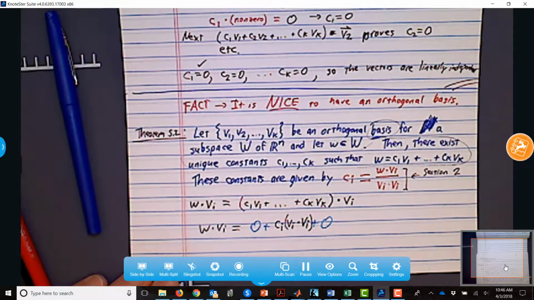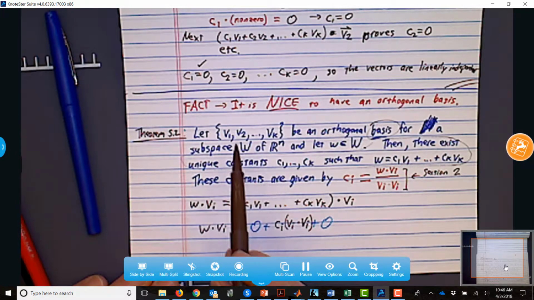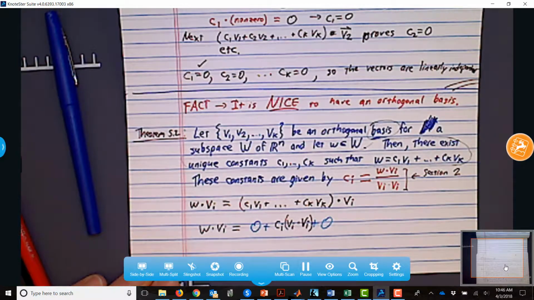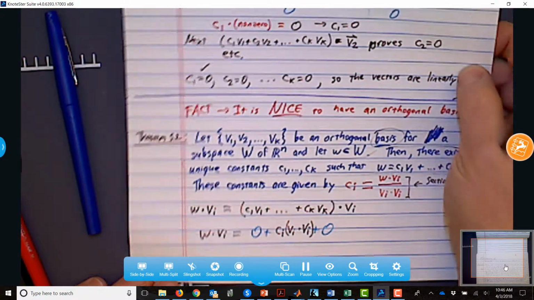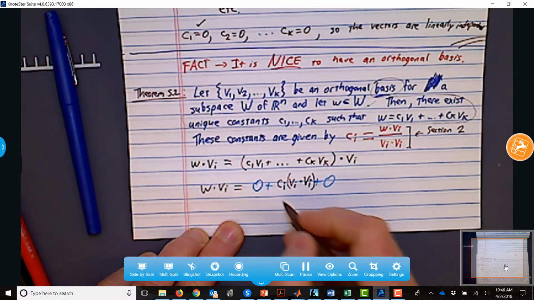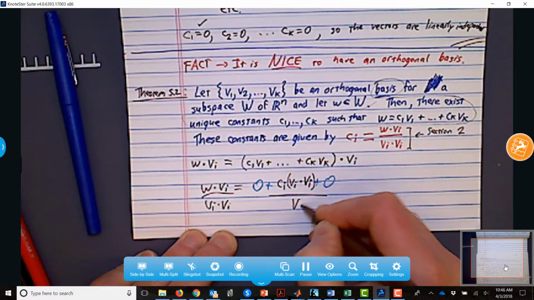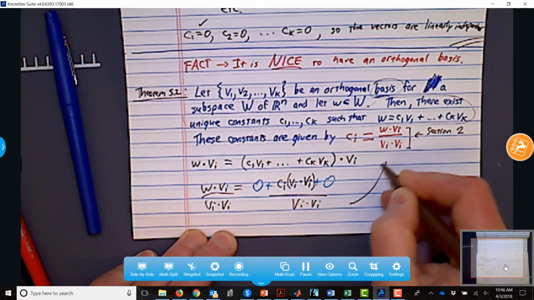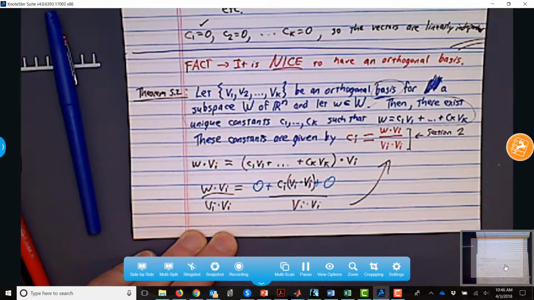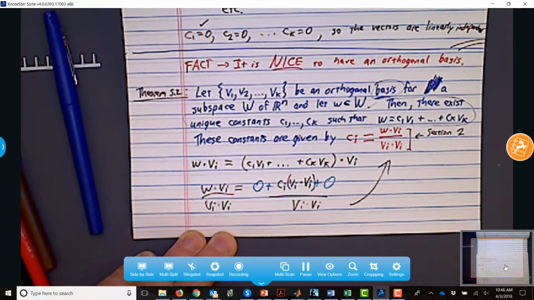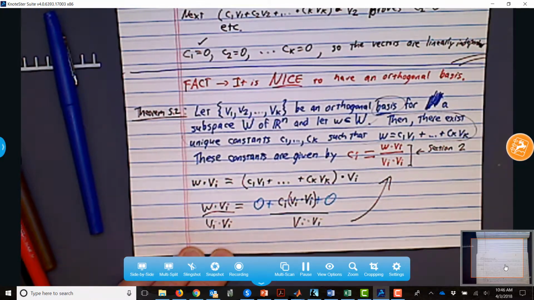But I know that because the only way vi dot vi could be 0 is if vi were 0, right? And this is a basis. A basis can't have 0 in it, or it would be linearly dependent. So now just divide both sides by vi dot vi, and you're there. Okay?